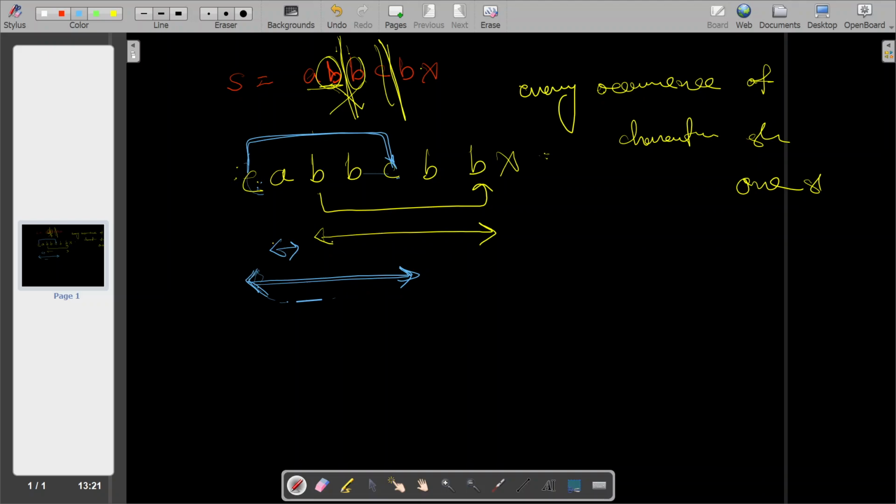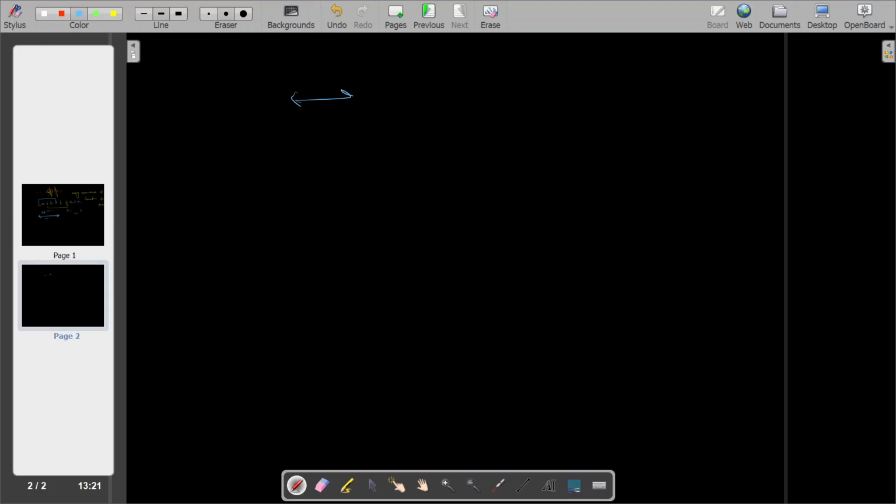So we are making these lines this way, meaning we cannot break them. This is for A, this is for B, and suppose here X, Y, and here again X. So X goes from here to here. Now our question becomes: suppose we have these lines this way.